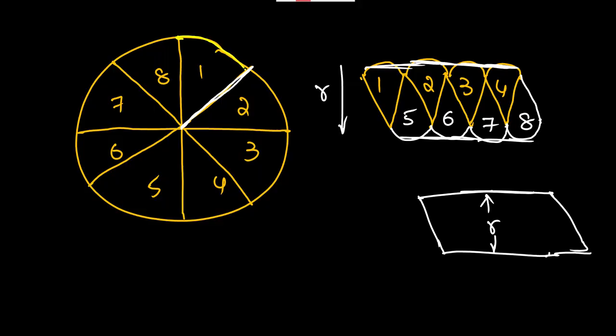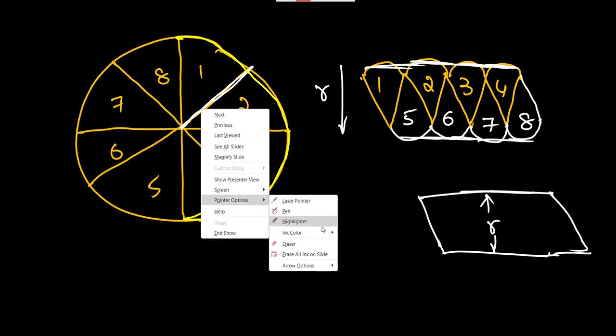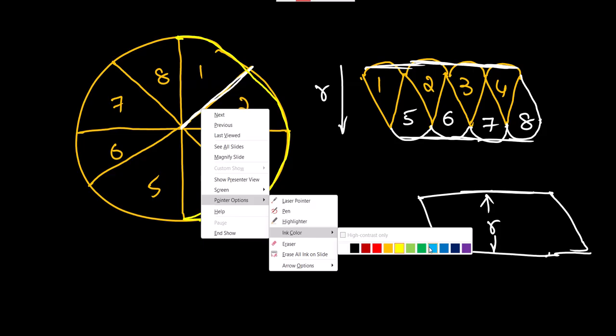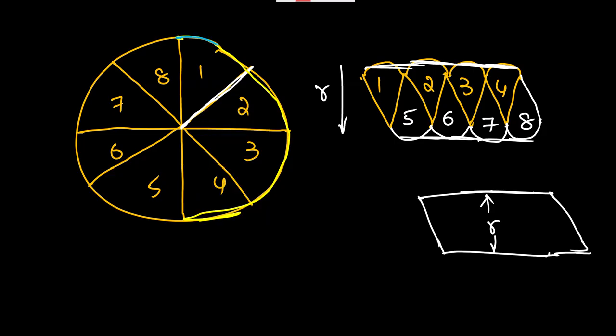This part, only half of it, is pi r. So the base will be equal to pi r. The base is pi r, the height is r, and the area of a parallelogram is base into height, that's why pi r square.